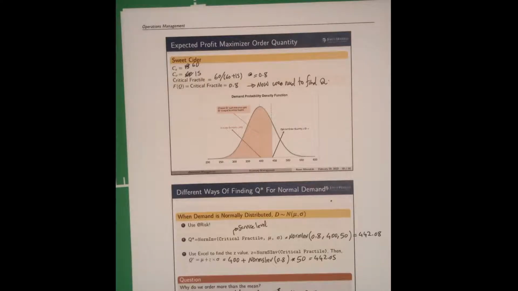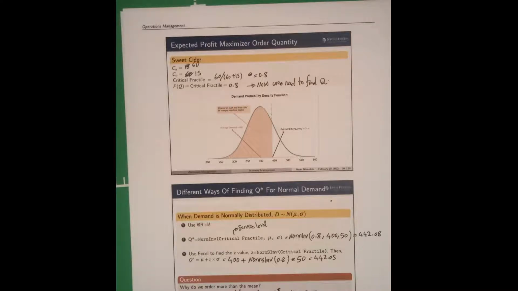Well, because demand is uncertain, if you have too much inventory, there's always a chance of ending up with extra inventory that is going to cost us a lot, because you have to salvage it, and that is not cheap.